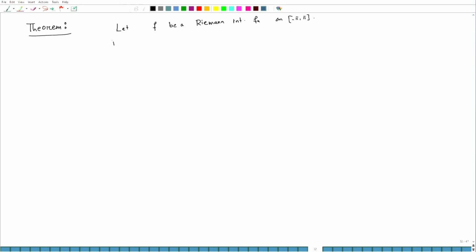If f is continuous at x naught, then the convolution of f with f n at x naught converges to f of x naught as n goes to infinity.